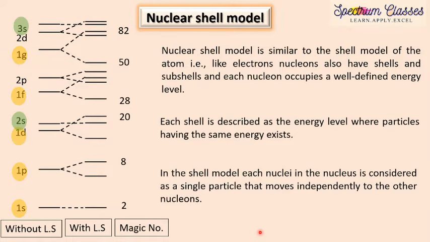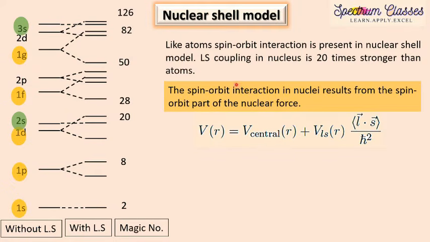So in the nuclear shell model, like atoms, spin orbit interaction is present, and this spin orbit coupling in the nucleus is 20 times stronger than the LS coupling of atoms. The spin orbit interaction in nuclei results from the spin orbit part of the nuclear forces, and therefore in the Schrodinger wave equation a term, this VLS or spin orbit coupling term, is considered.